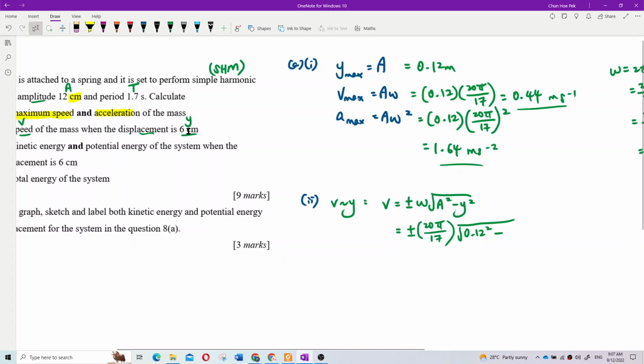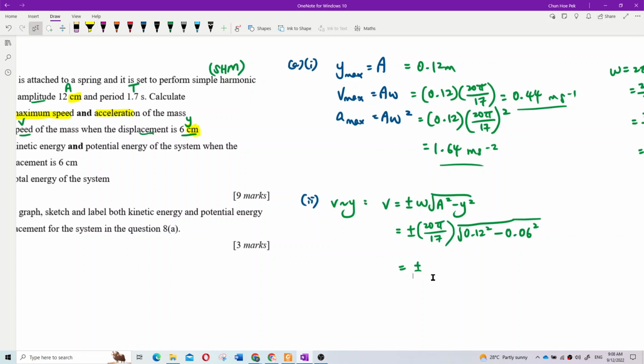You must change the unit to meter, so 0.06 squared. Press the calculator from inside first, then go outside: 0.12 squared minus 0.06 squared, then square root the answer, and then multiply by 20 pi divided by 17.